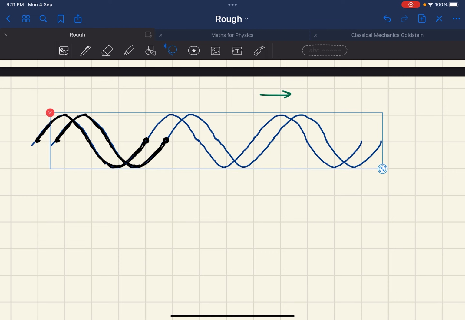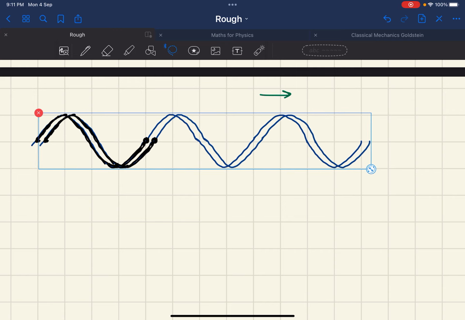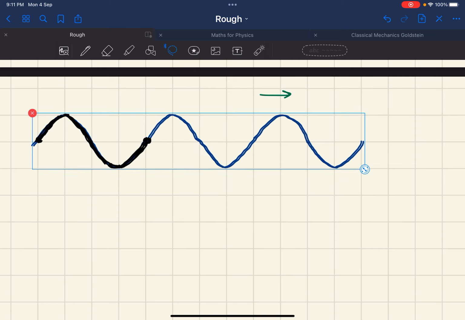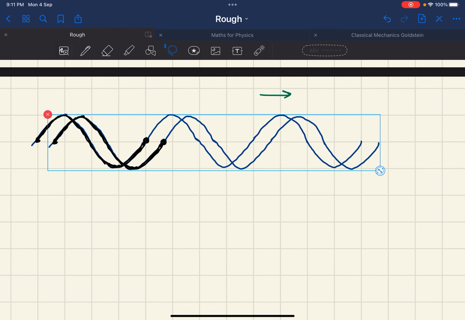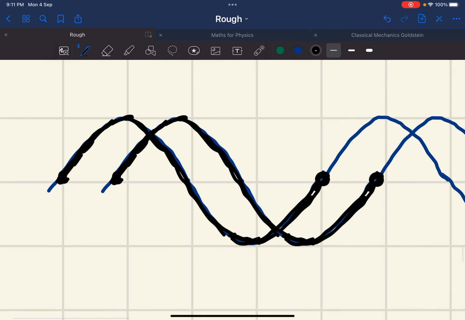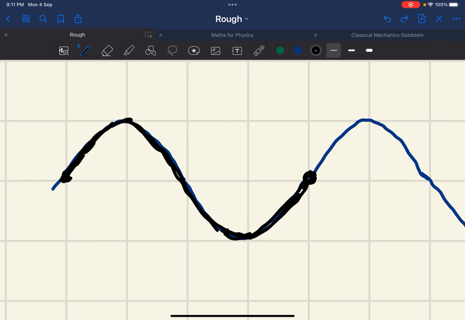Now the way we will quantify this in-phaseness or out-of-phaseness is to look at the distance between two corresponding points. So you have to have two waves that are the same or have corresponding points.